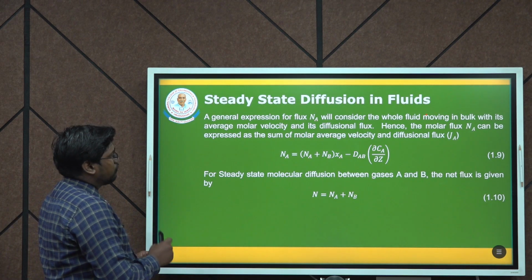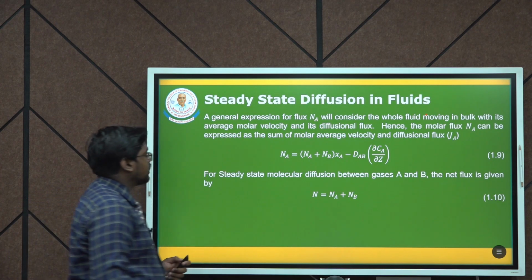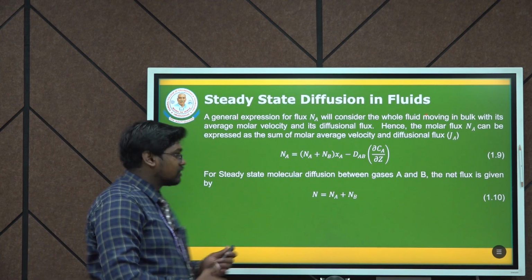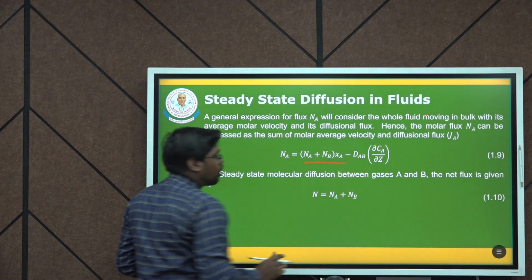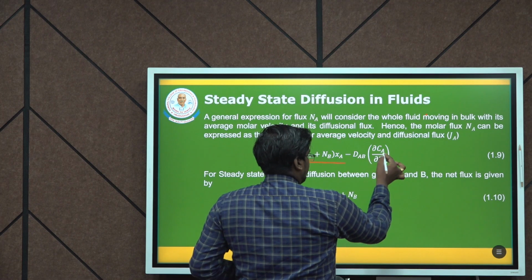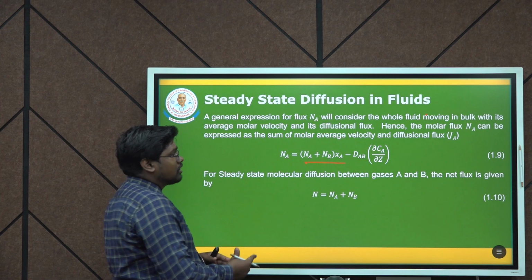A general expression for flux: Na is the molar flux. The molar flux can be expressed as the sum of the molar average velocity and the diffusion flux. This component, Na plus Nb into Xa, is the molar average velocity, while this DAB and dou Ca divided by dou Z is the molar diffusion flux JA.